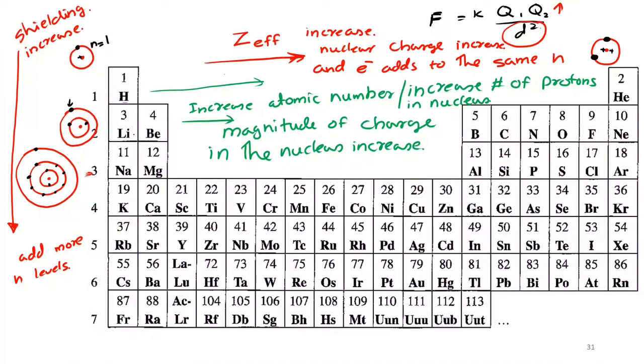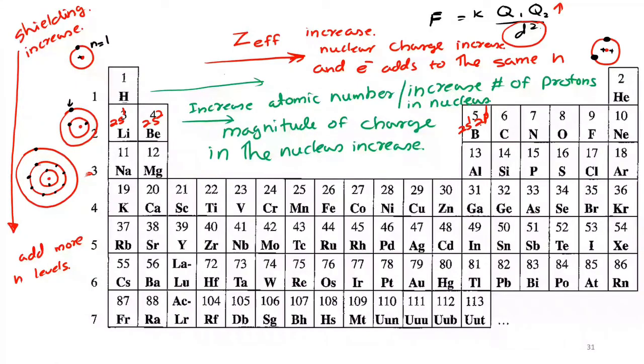Think about lithium, beryllium, boron, carbon. They are all in the second period. If you think about the electron configuration, this is 2s1, 2s2. And when you come to boron, that is 2s2, 2p1. So you see the principal quantum number, we are still in 2. You keep on adding electrons into the same level.